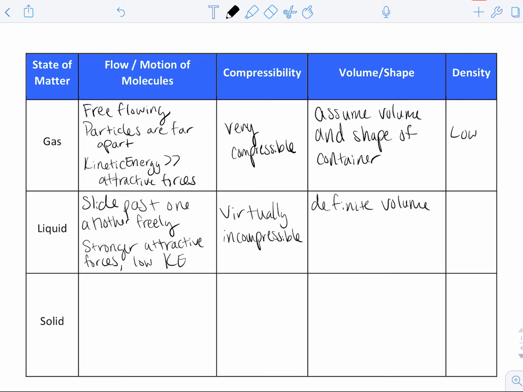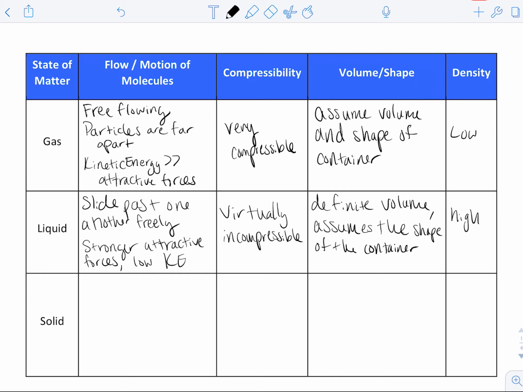So we're never going to be able to double the volume of our liquid or get a larger volume of liquid. But we have an indefinite shape, so we're going to assume the shape of the container. And then particles are a lot closer together, so this has a high density.